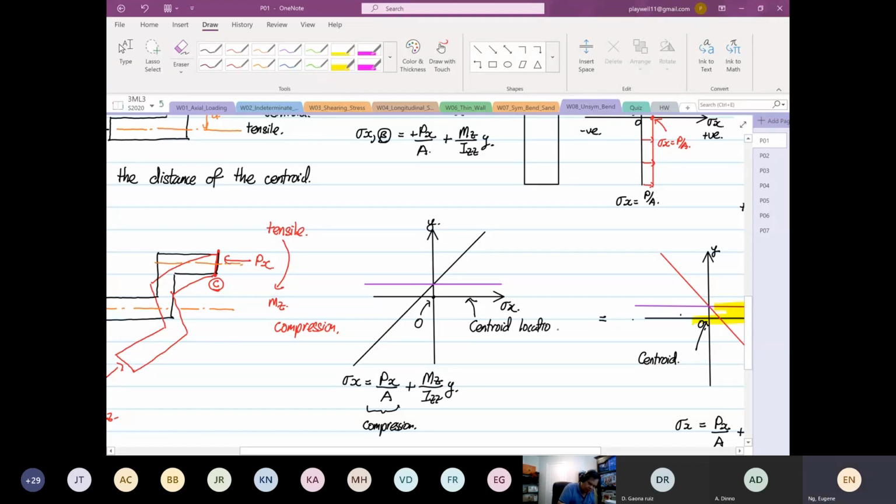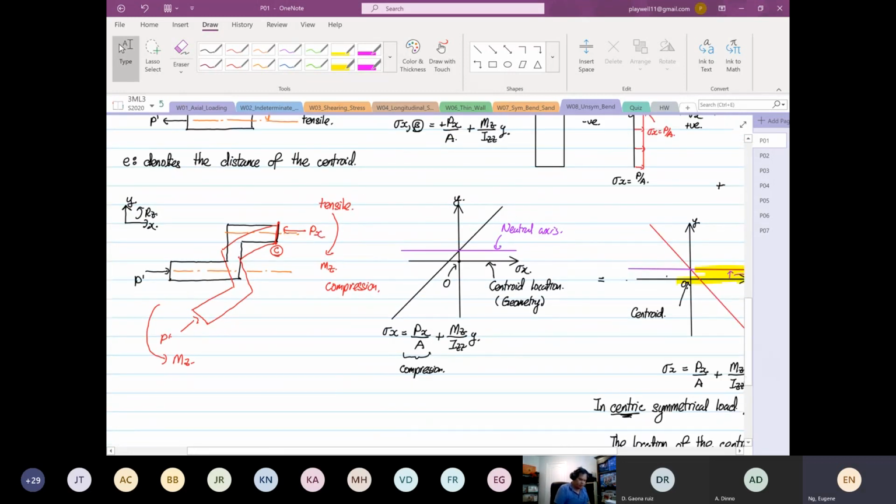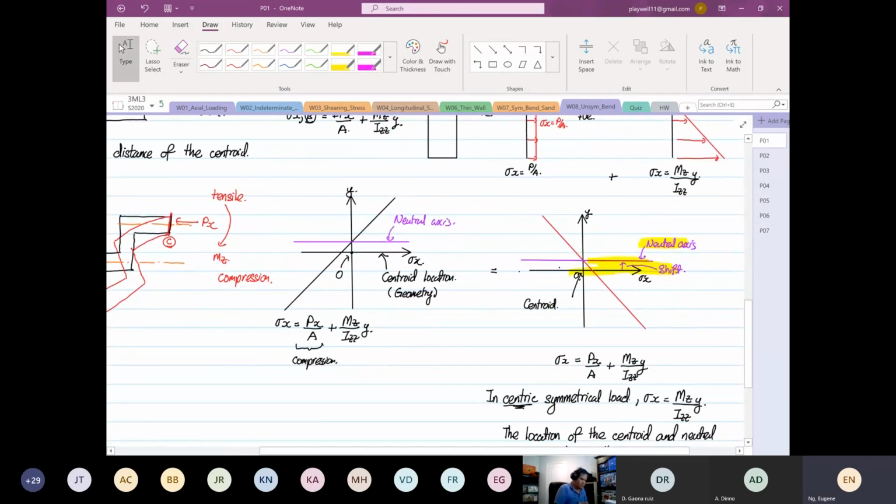Now the centroid location, we find the centroid based on what? Geometry. Yeah, it's based on geometry. And this is the actual position of your neutral axis. Okay, so the difference is obvious. Because of how the structure is loaded, the stress profile is also different now.